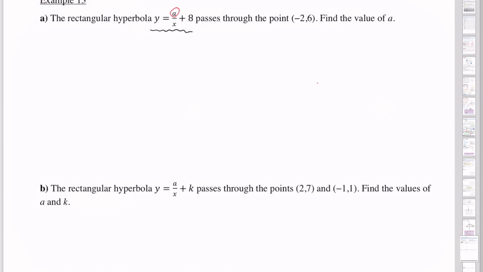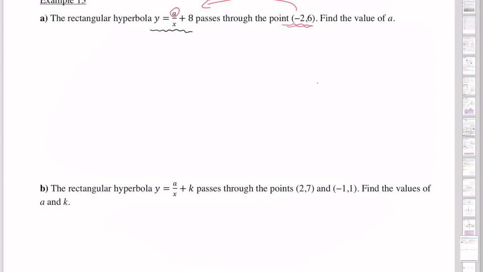The rectangular hyperbola y equal to a over x plus 8 passes through the point (-2, 6). When we say passing a point, that means if we substitute the point back into the equation, it makes the equation true.